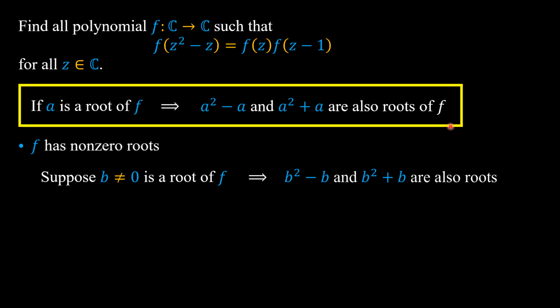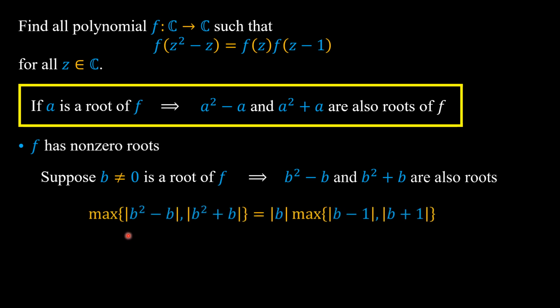By observing the maximum value of the modulus of these two roots, we have the maximum of |b^2 - b| and |b^2 + b| equals |b| times the maximum of |b - 1| and |b + 1|. Since b not equal to 0, one of these two quantities must be greater than 1.